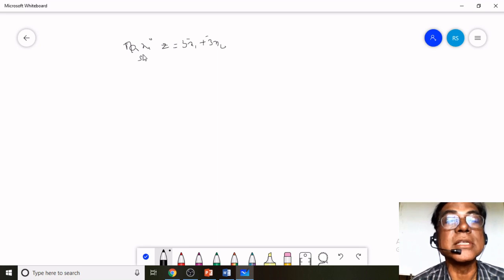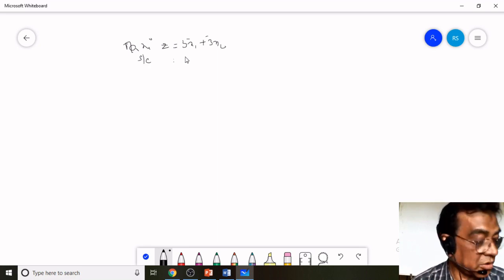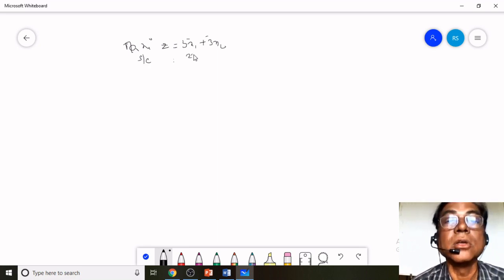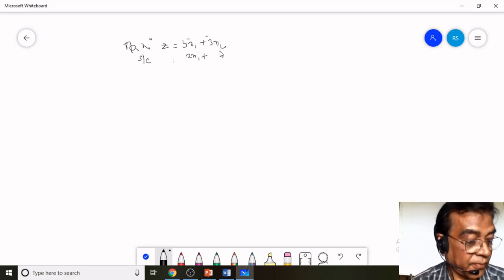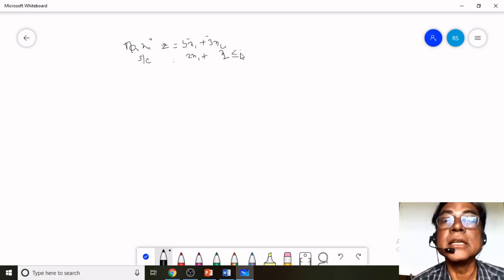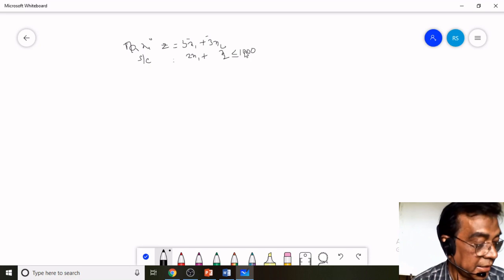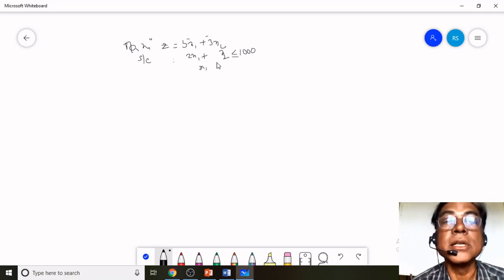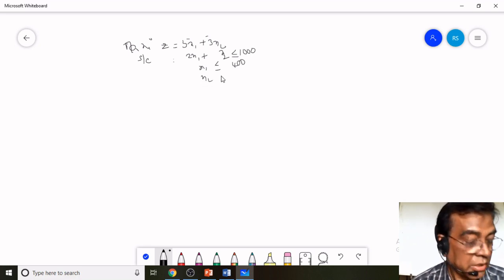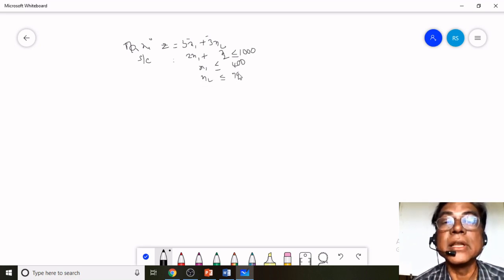Now subject to constraints are 2x1 plus x2 less than or equal to 1000, and x1 less than or equal to 400, x2 less than or equal to 700, x1, x2 greater than or equal to 0.